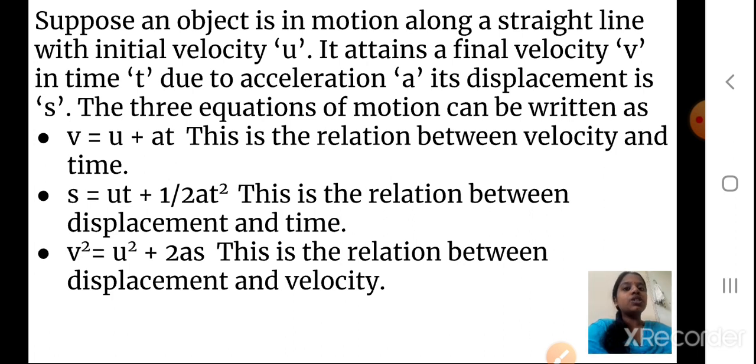The second equation, s equal to ut plus half at square, is the relation between displacement and time. Third one, v square equal to u square plus 2as. This we have used in our work and energy chapter. This is the relation between displacement and velocity.